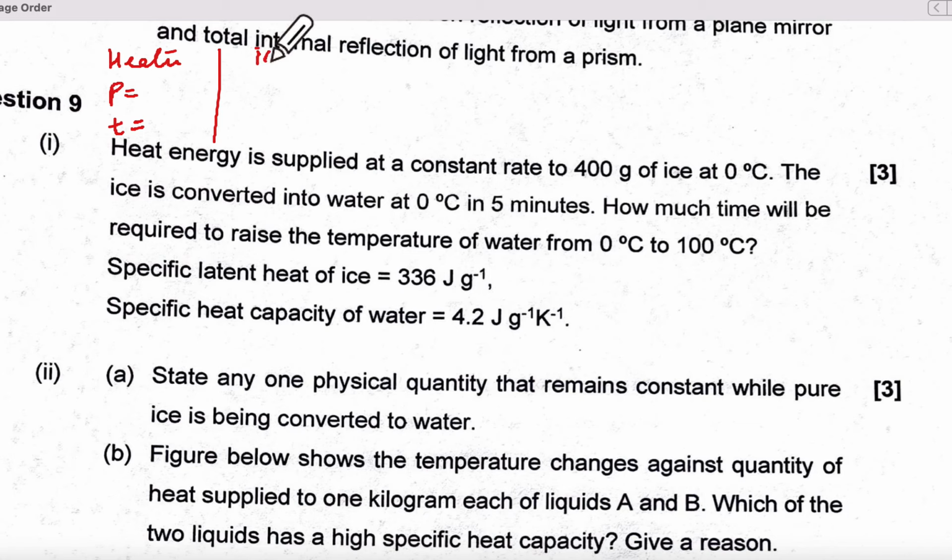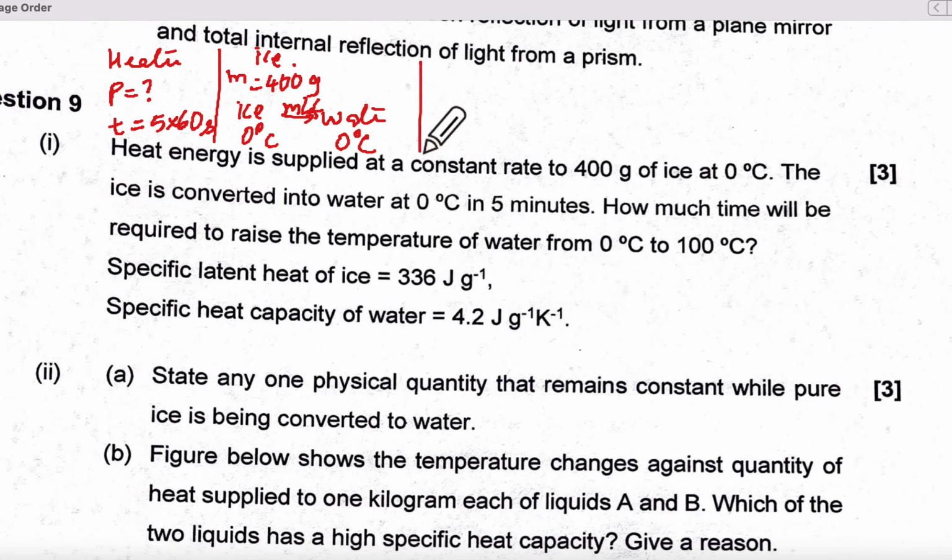So 400 grams of ice at 0 degrees will become, mass is 400 gram, water at 0 degrees C, and that's it. But it is taking 5 minutes. So this is 5 into 60 seconds. How much time will it require?